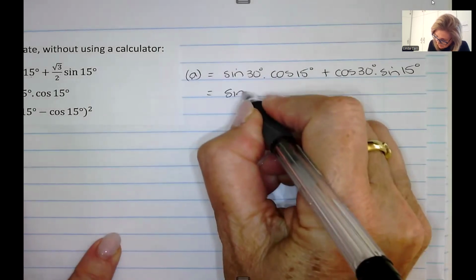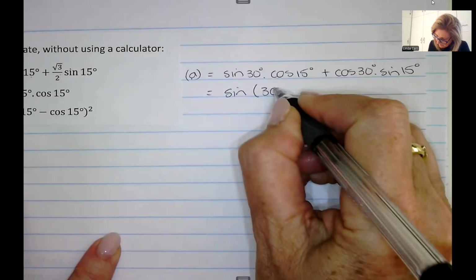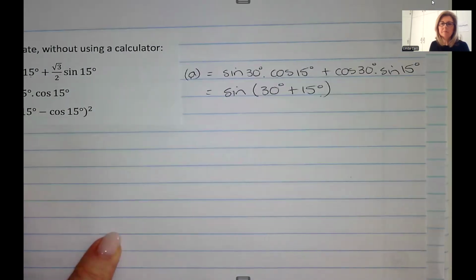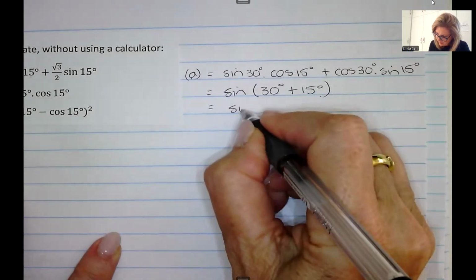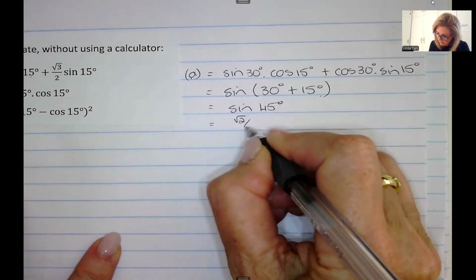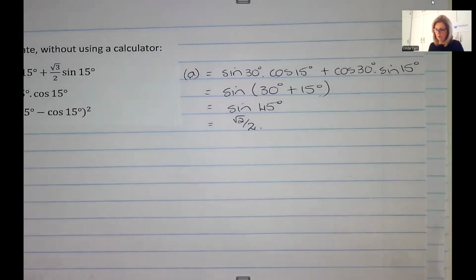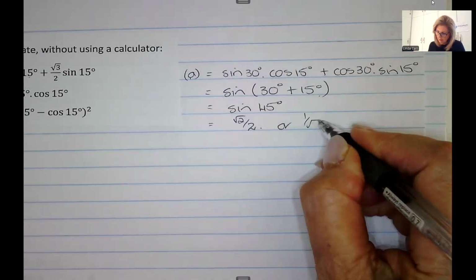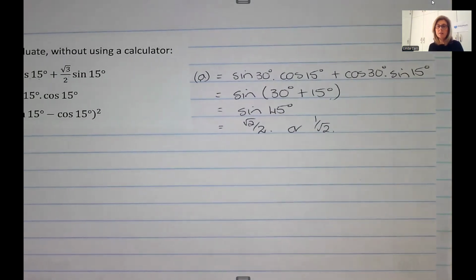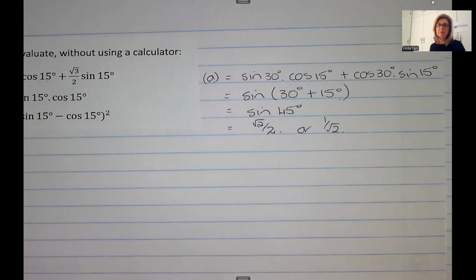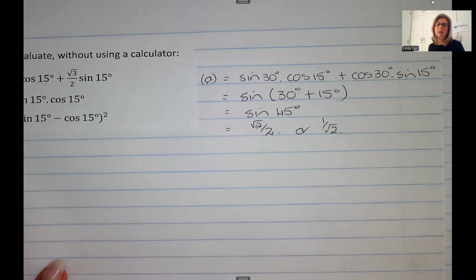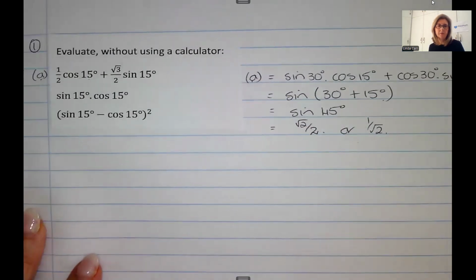It's our sine plus for sine. And so it's sine of 45 degrees, which is root 2 over 2 or 1 over root 2. Okay, so watch out for those. They can hide them or disguise them a little bit more cleverly, but every time you'll be able to turn it into a compound angle identity.